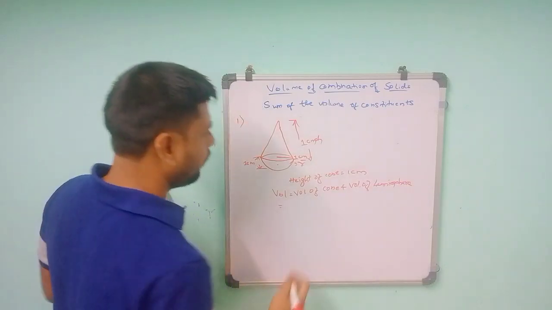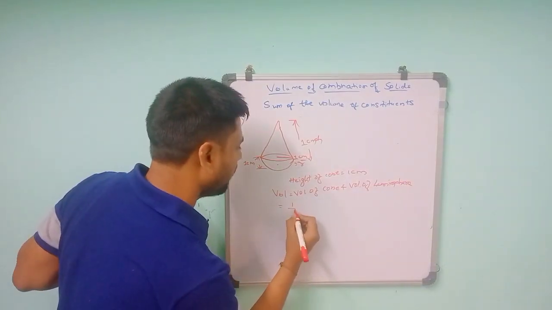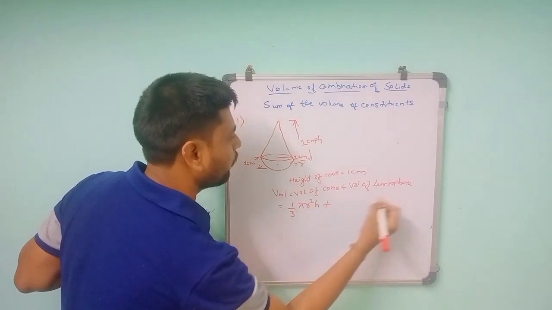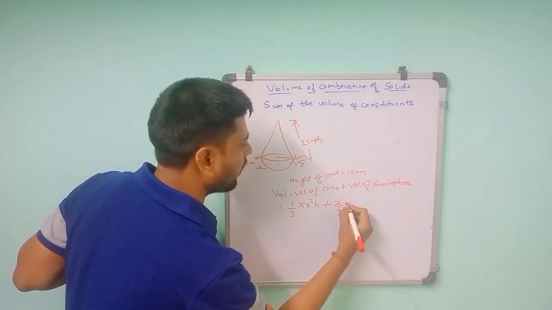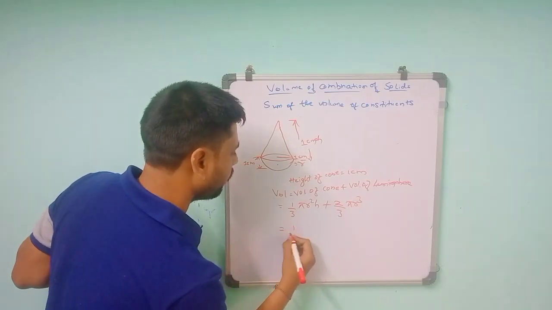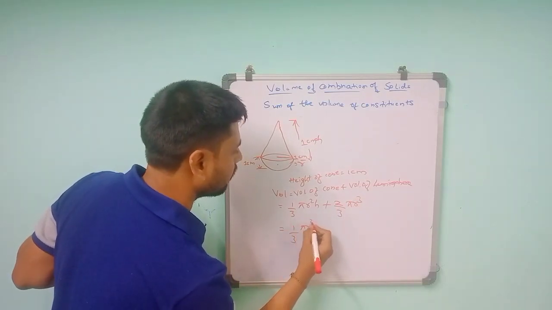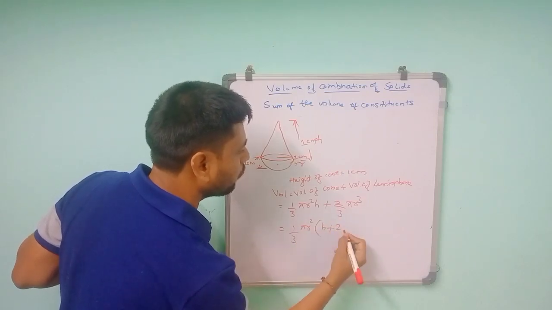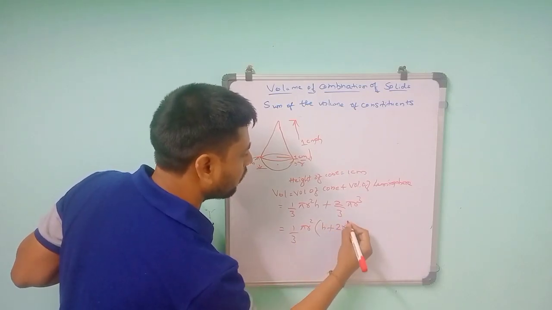The volume of the cone is 1 by 3 pi r square h. This is the formula. Plus the volume of hemisphere is 2 by 3 pi r cube. If you take 1 by 3 pi r square common, the h remains, and 2 by 3 becomes 2r, so it is h plus 2r.